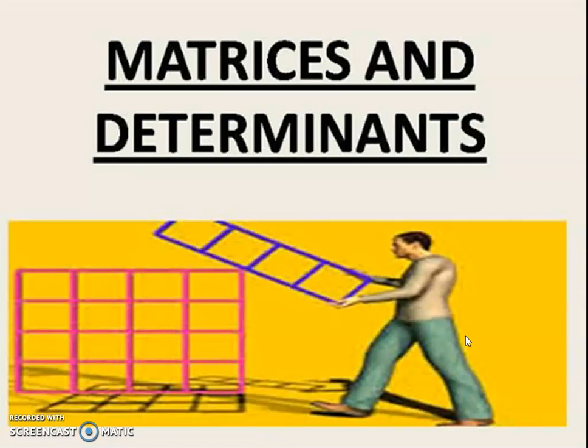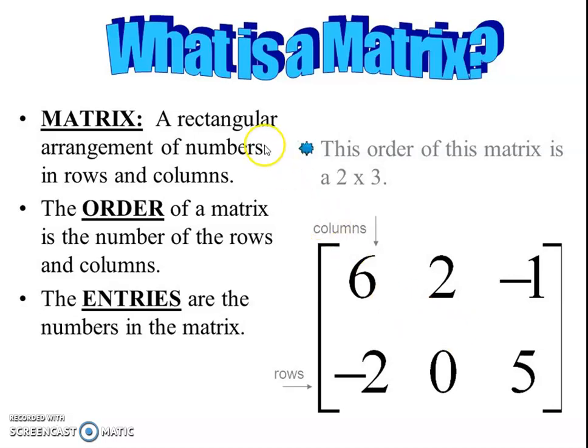Matrices and determinants most probably look the same, with rows and columns, but what is a matrix? A matrix is a rectangular arrangement of numbers in rows and columns. In this figure, we show the matrix form. It is in square brackets, obviously. 6, 2, minus 1 is the first row.